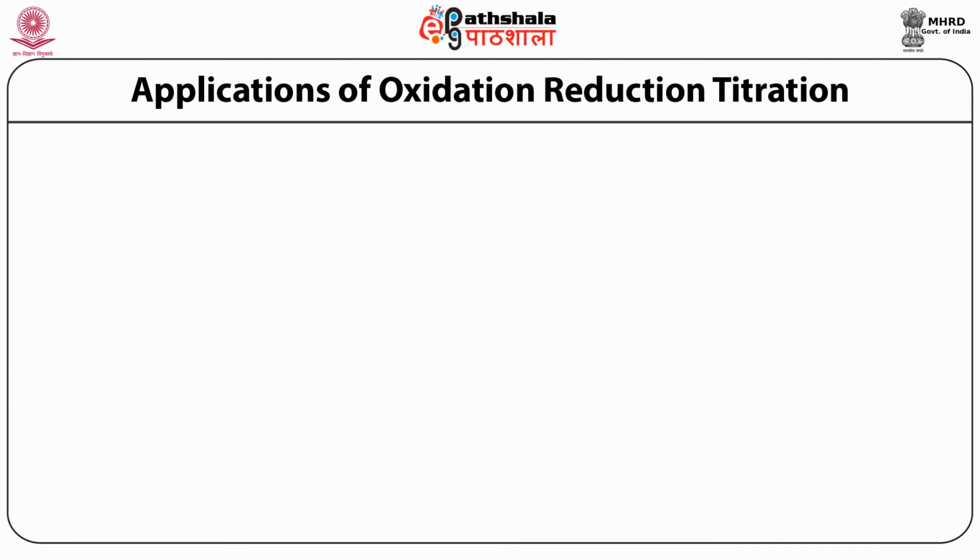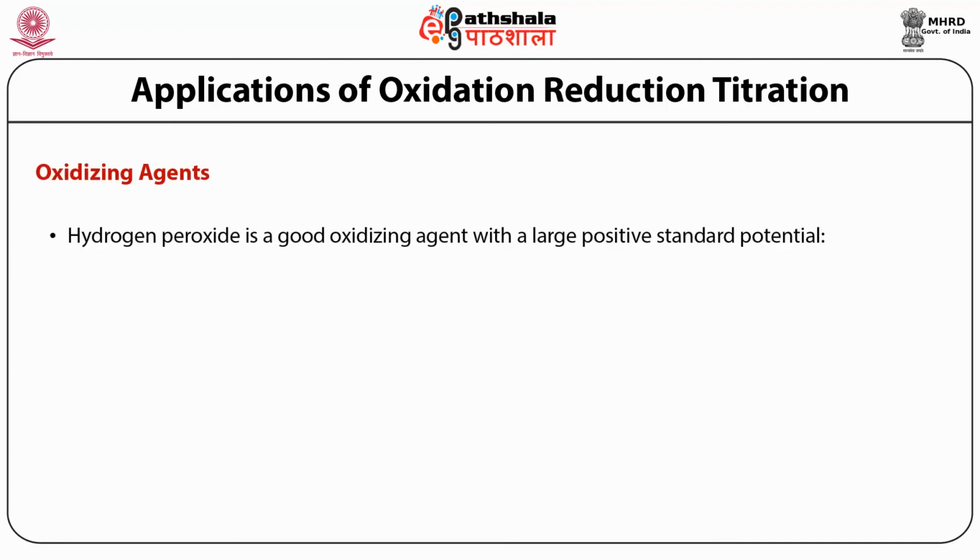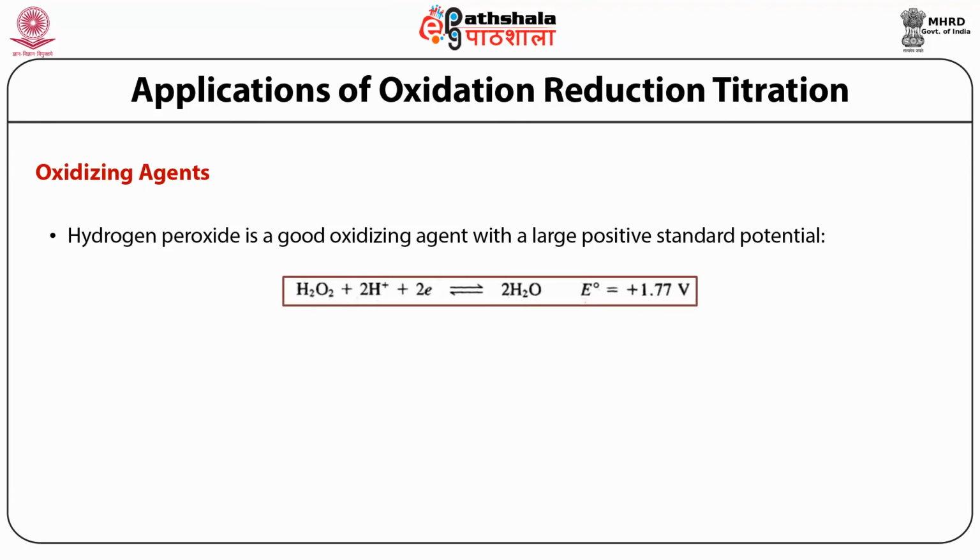First of all, we are discussing the oxidizing agents. Hydrogen peroxide is a good oxidizing agent with a large positive standard potential, that is H2O2 plus 2H plus plus 2 electrons forms 2H2O, and the standard potential is plus 1.77 volt.